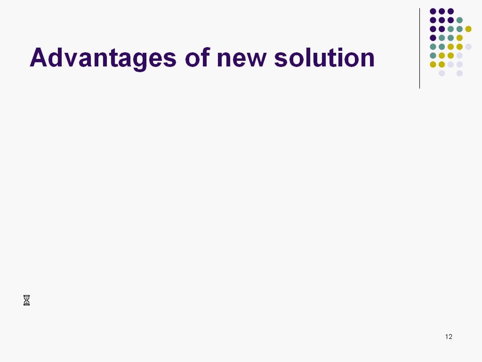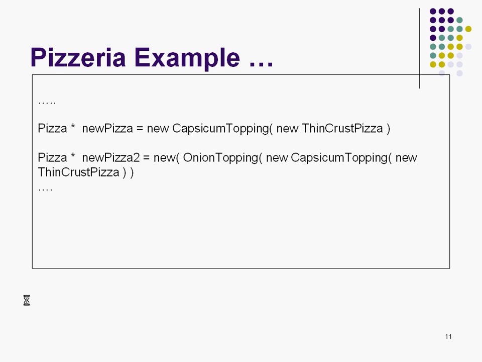So what are the advantages of this solution? Just a second. So now when the price has to be calculated, you invoke the price on this object only, whatever you created.